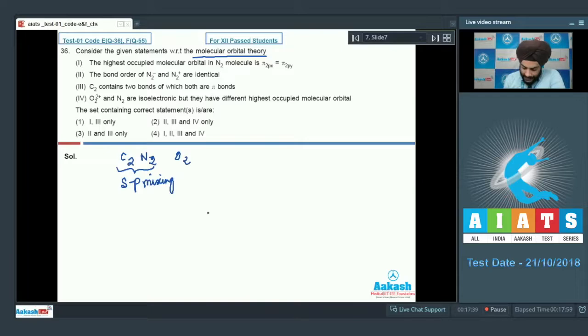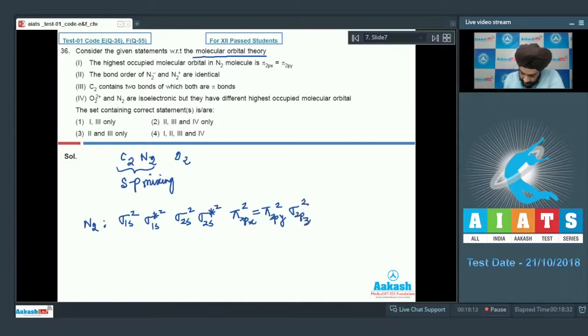So if we talk about nitrogen first, it is going to have a configuration of sigma 1s2, sigma star 1s2, sigma 2s2, sigma star 2s2, pi 2px 2 equal to pi 2py2, then sigma 2pz2.